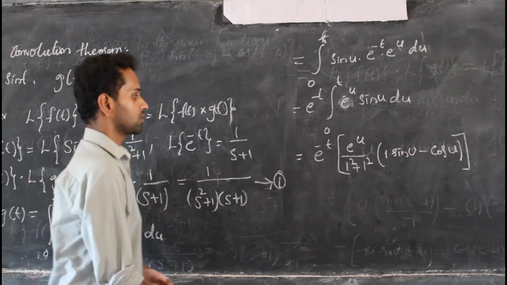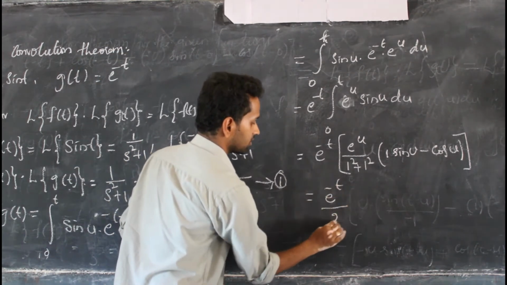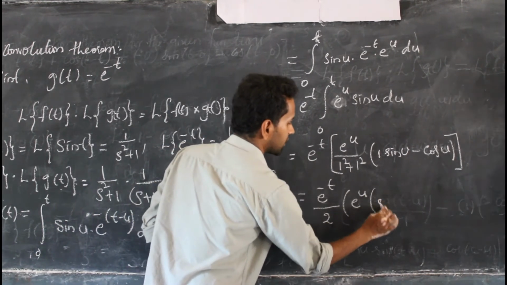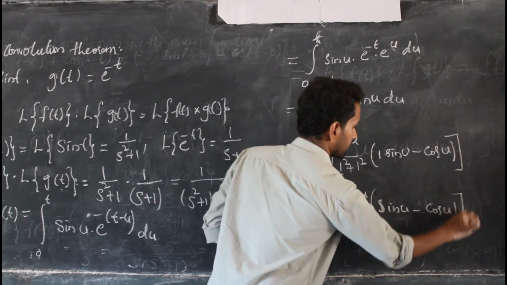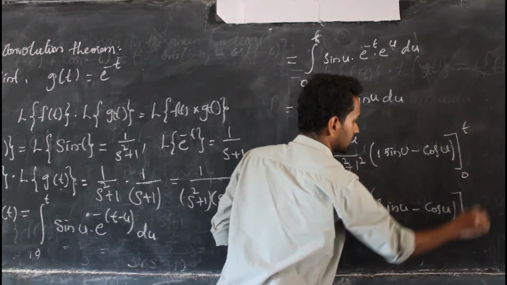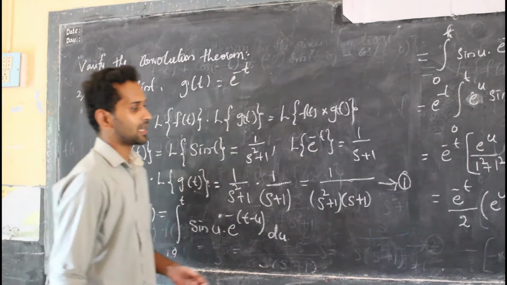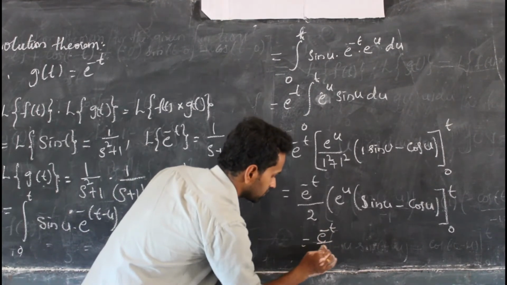Is it clear? So now this becomes e to the power of minus t divided by 2 into e to the power of u into (1 sin u minus cos u). Limits will be 0 to t. So now e to the power of minus t by 2 is outside.